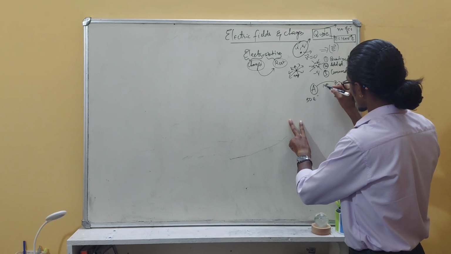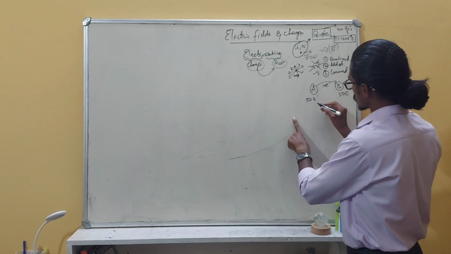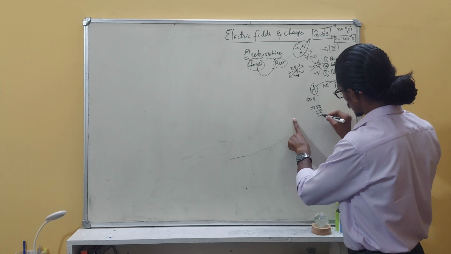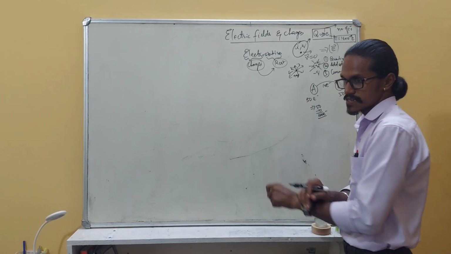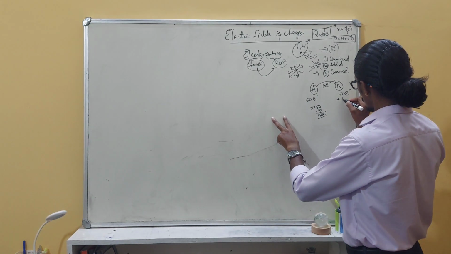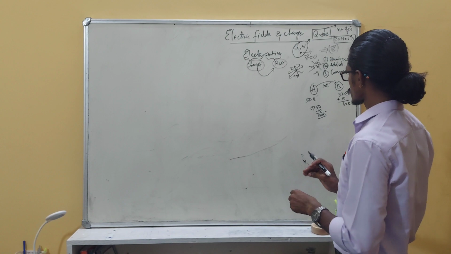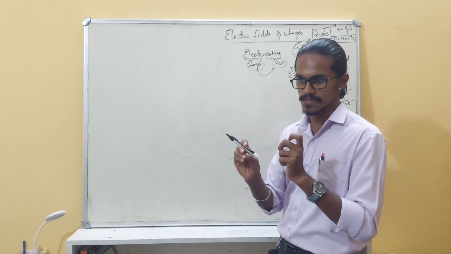For example, 10 electrons get transferred from A to B, which means the resultant will be 50 minus 10, that is 40 electrons remaining. Here 50 plus 10, which means there will be 60 electrons.